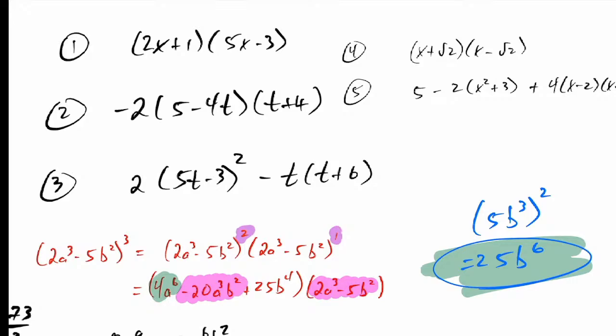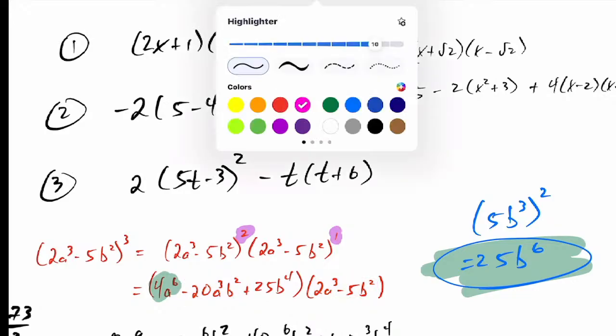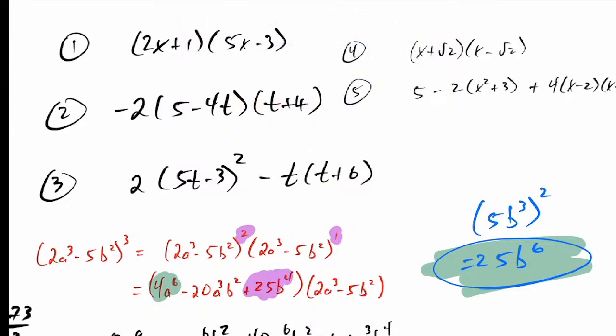So the next one will be negative 20 times 2 is negative 40a to the power of 6 b squared, plus 100a to the power of 2 b to the power of 4, plus 50a cubed b to the 4, minus 125b to the power of 6.